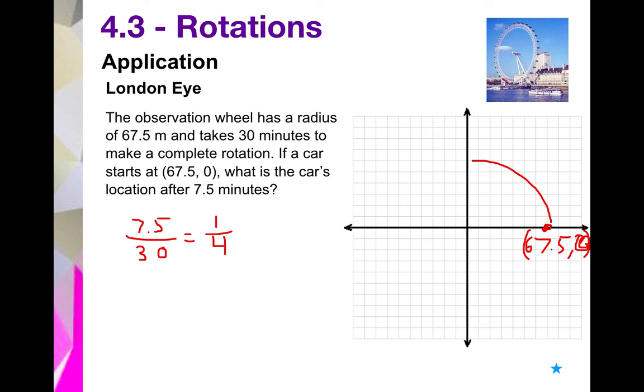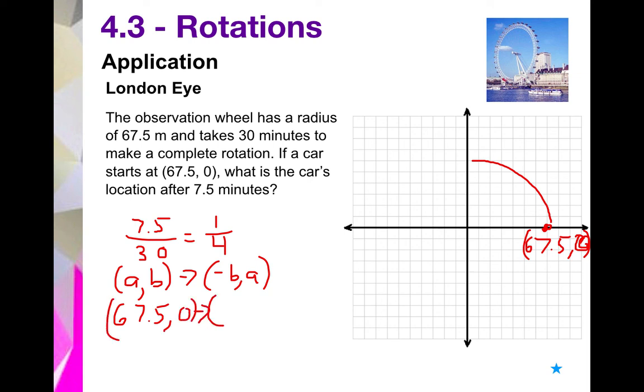And for a 90 degree rotation, the way that we map this is A, B becomes -B, A. So if A, B is 67.5, 0, then we map that and we get 0, 67.5. And that's our landing location right there. So this is going to be 0, 67.5.